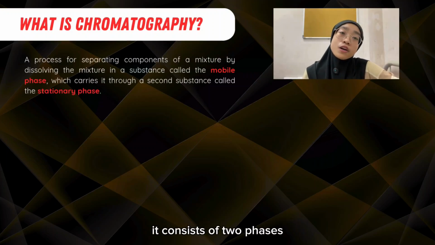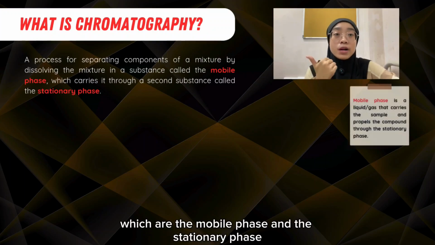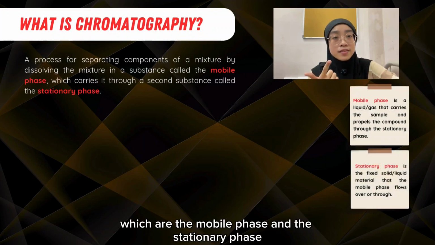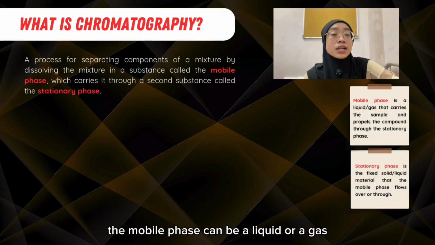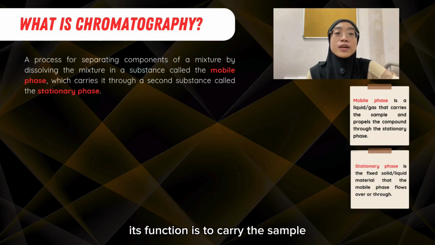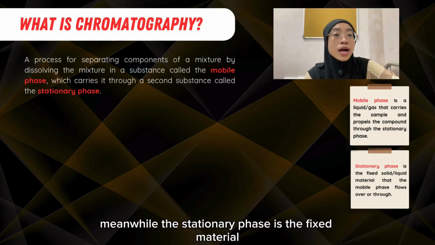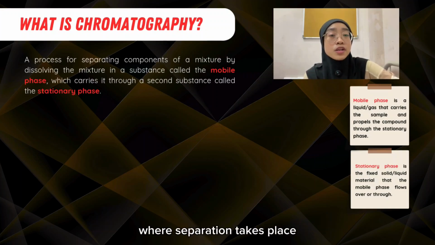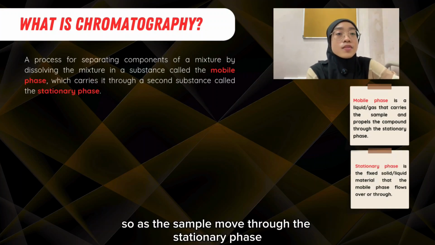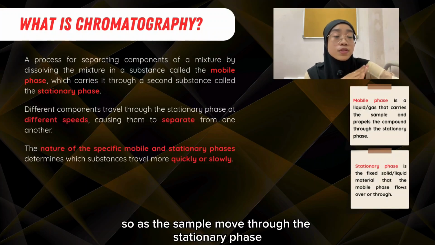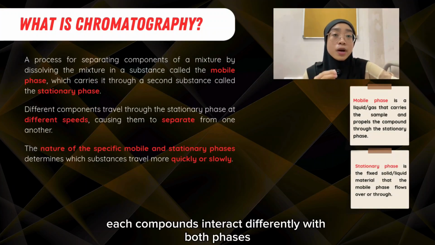It consists of two phases, which are the mobile phase and the stationary phase. The mobile phase can be a liquid or a gas. Its function is to carry the sample through the stationary phase. Meanwhile, the stationary phase is the fixed material where separation takes place. So, as the sample moves through the stationary phase, each compound interacts differently with both phases.